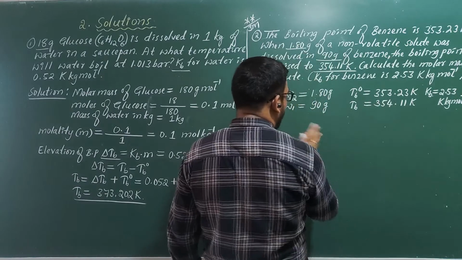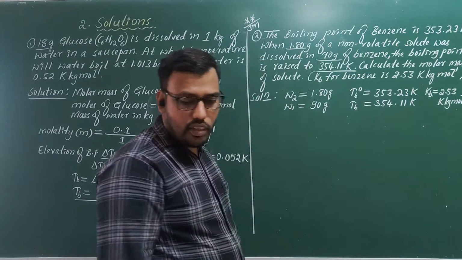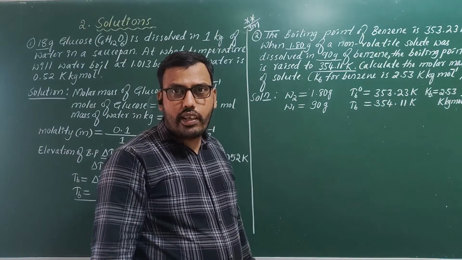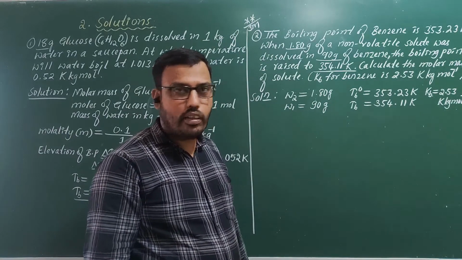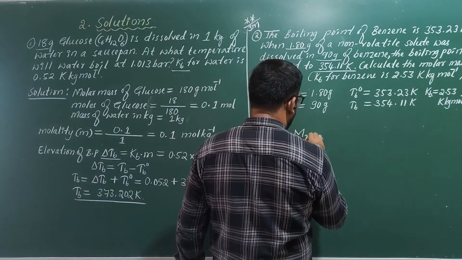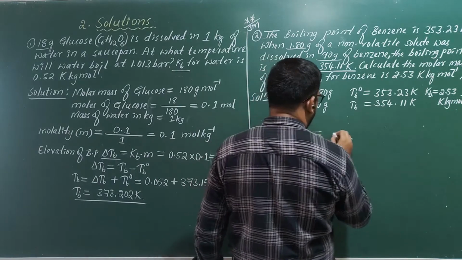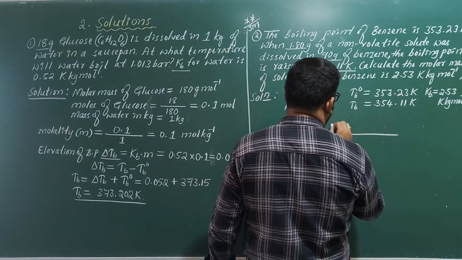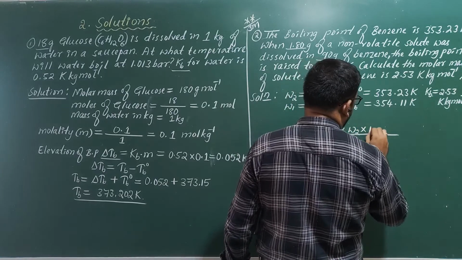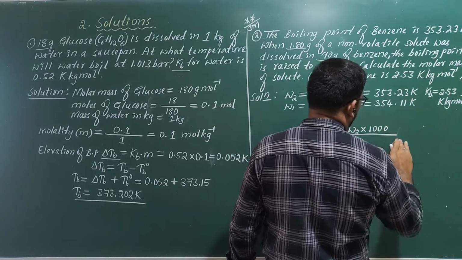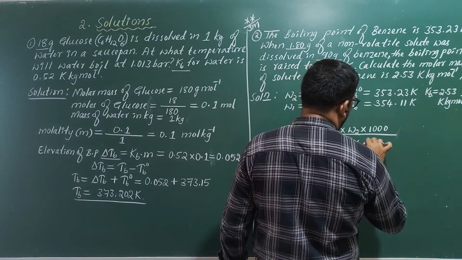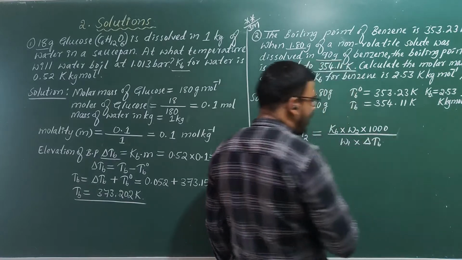Okay, so what is the formula to calculate the molar mass of solute in elevation of boiling point? The formula is M2 is equal to Kb into W2 into 1000 divided by W1 into delta TB.